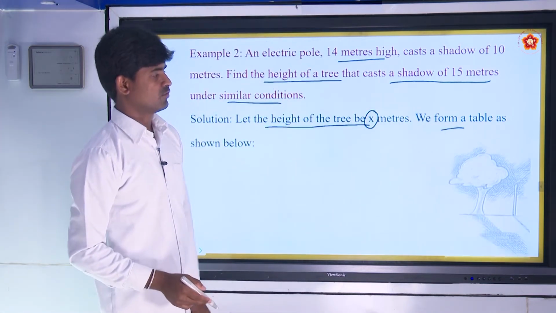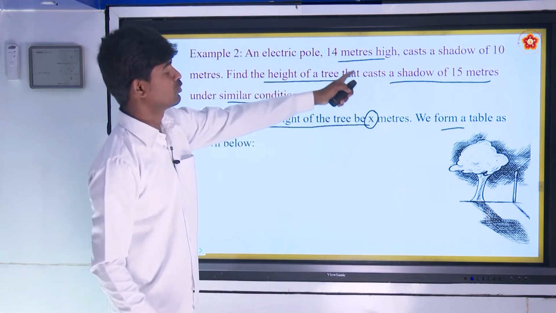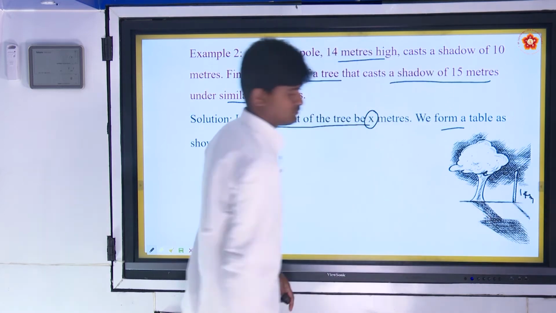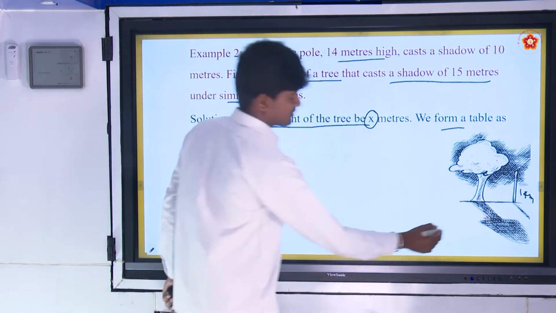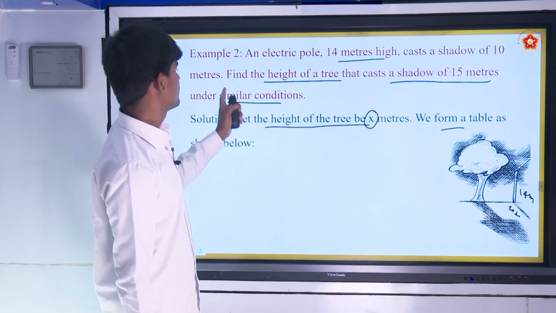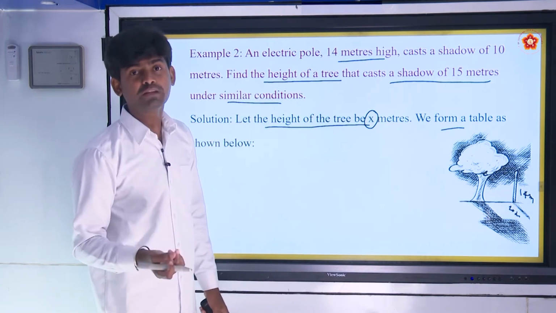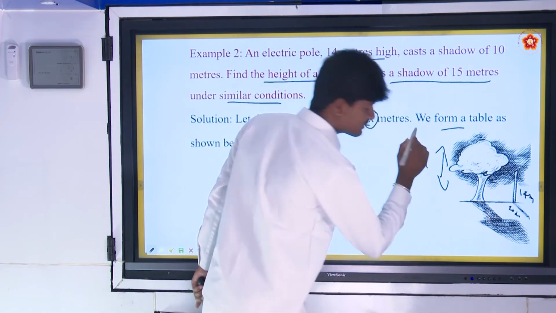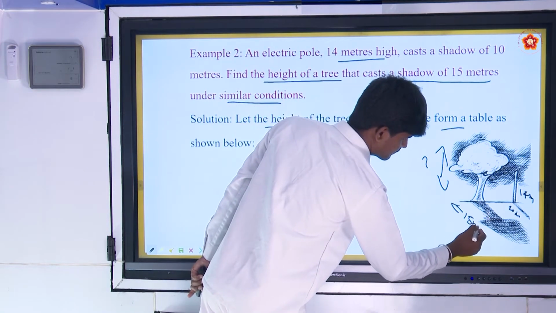First, it is a tree there. See, an electric pole 14 meters high, this is 14 meters. The shadow is 10 meters, this shadow is 10 meters. Find the height of the tree that casts a shadow of 15 meters under similar conditions, means we have to find the height of the tree, but the shadow is already given, it is 15 meters.